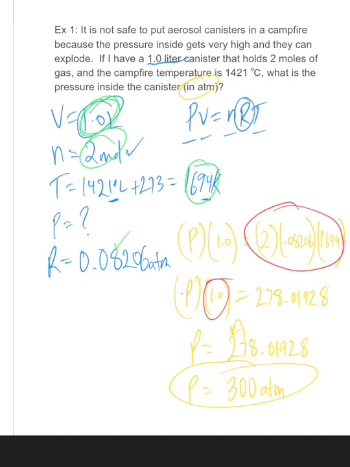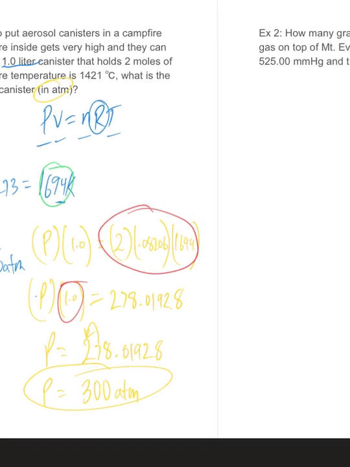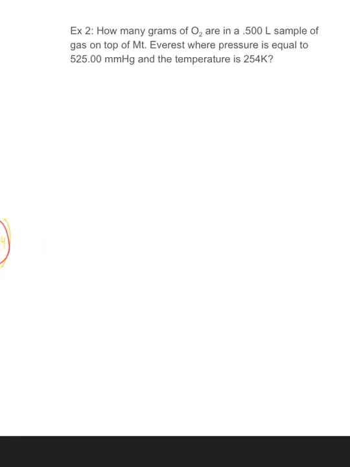Pretty straightforward. We're going to go ahead and do example number 2 now, that is a little bit tougher. Example number 2, let's go ahead and start with our variables again. It says how many grams of oxygen are in a 0.500 liter, so that's volume, 0.500 liter, sample of gas on top of Mount Everest where pressure is equal to 525 millimeters of mercury.